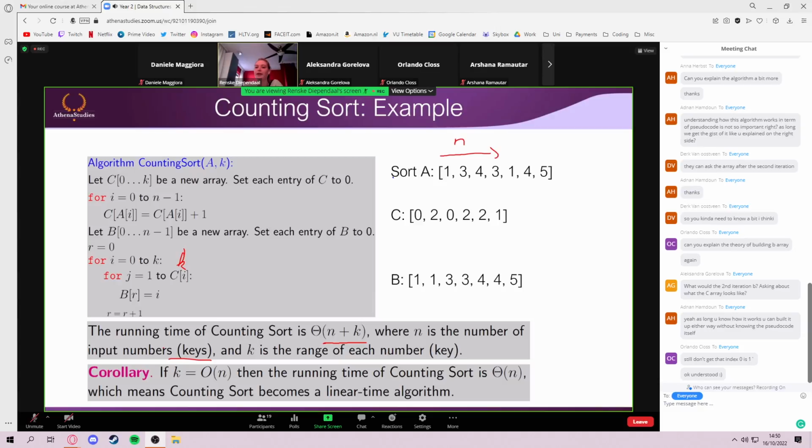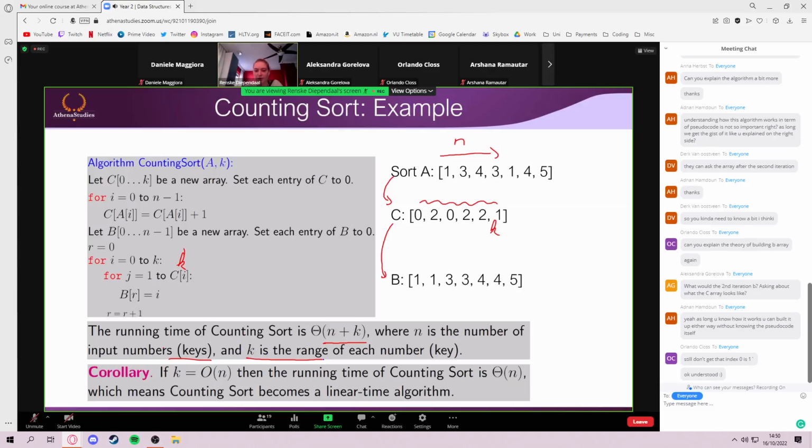So you go from A to C, and you have to go through the array A, which takes you n things, and then you go from C to B, and C is an array of length k, so you have to go through k elements. Yeah, so you do n plus k.